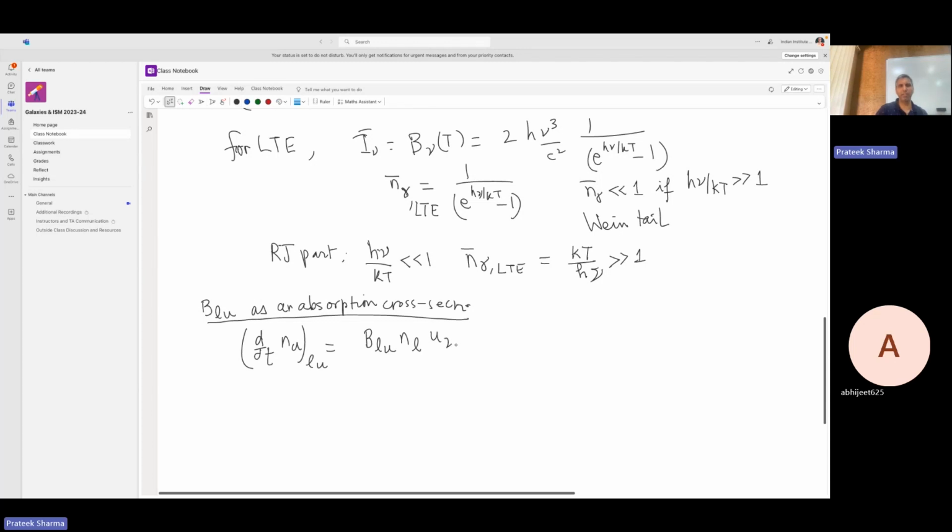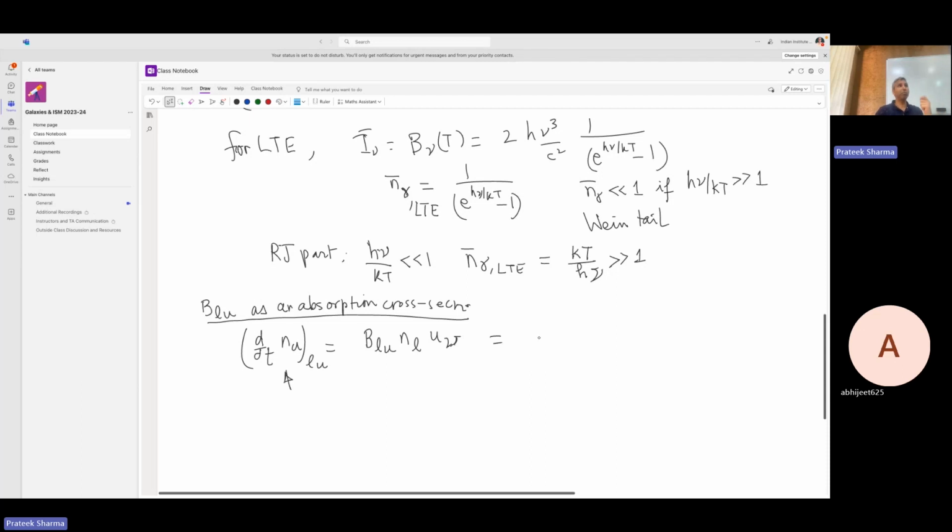This is what we already used. We can write this like in our standard form when we were doing collisions, where we wrote a specific form to calculate these rates. This is a rate per unit volume, actually a rate density, because n is per unit volume. So how did we write it?